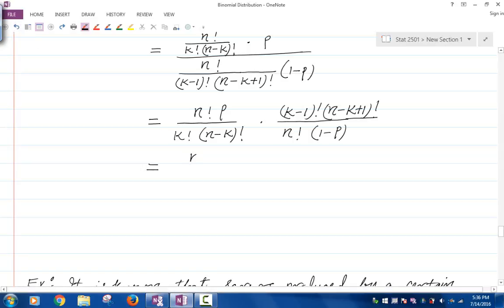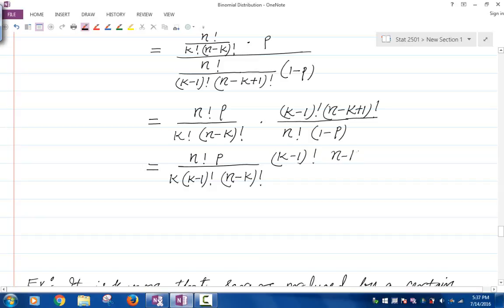Let's write one more line. n factorial times p, k times k minus 1 factorial for k factorial. This will be n minus k factorial. Here I get k minus 1 factorial.